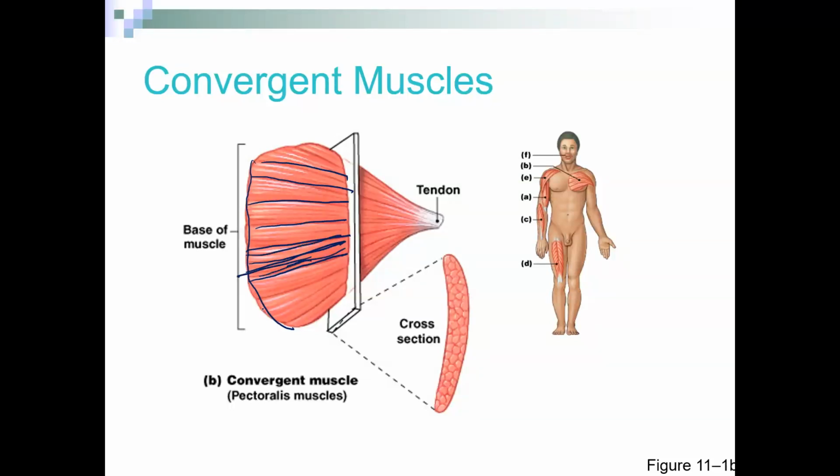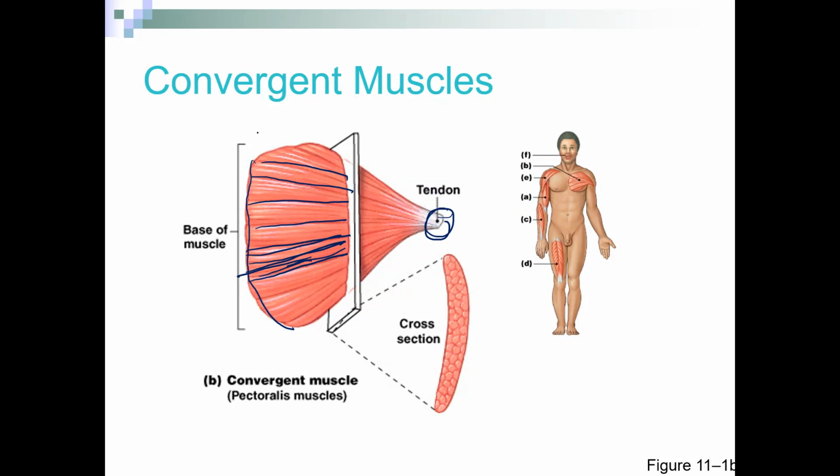All right? That now means the angle at which they're coming down towards the tendon is going to be different for each fascicle, but they're all converging on this tendon here. And this tendon, of course, as you know, connects muscle to bone. So this tendon is going to be attached to a bone.